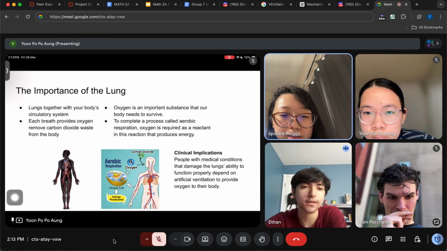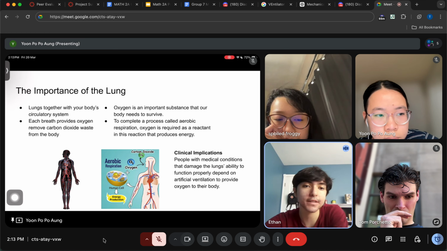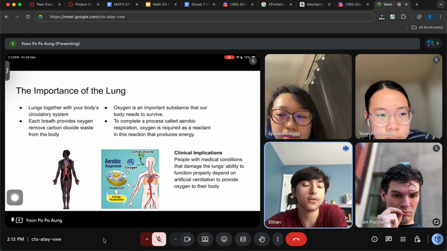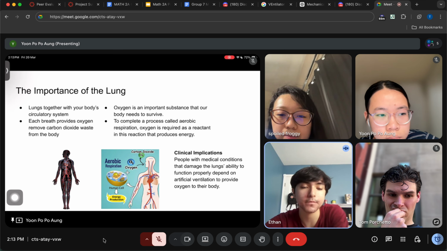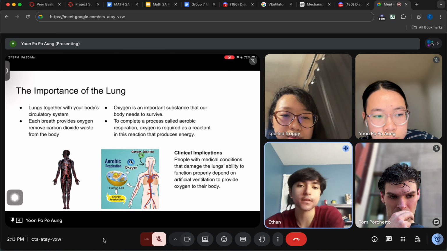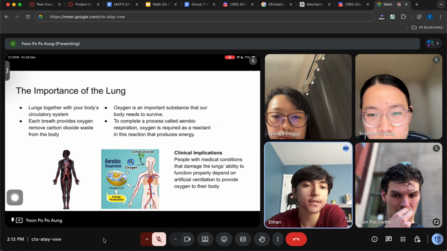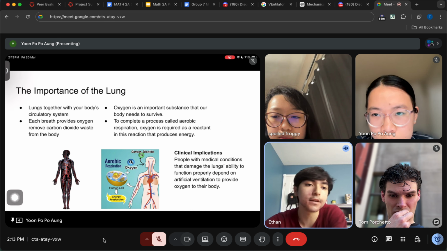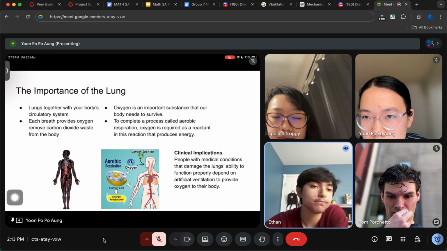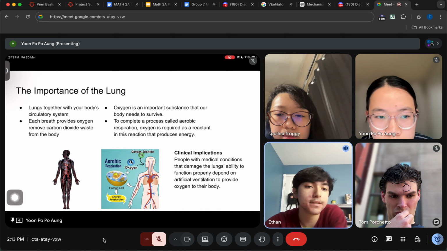And here I'm going to talk about the importance of the lung and why we need to understand its vital functions and how it functions, to make sure that people who require mechanical ventilation are basically receiving the correct calculations to simulate the real lung that they need. Lungs work together with your body's circulatory system.